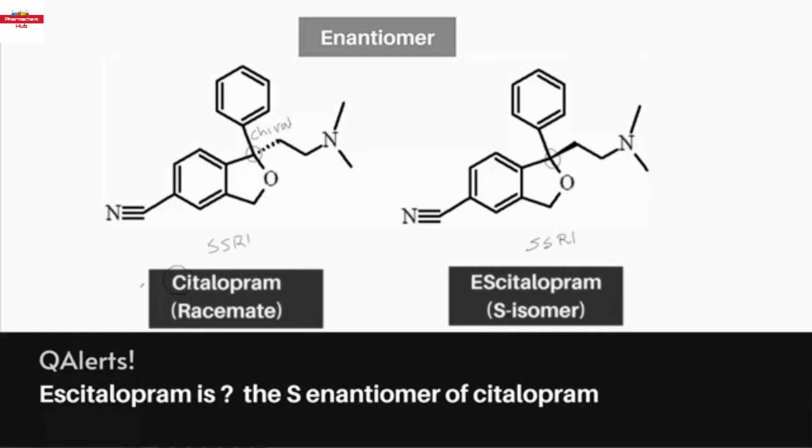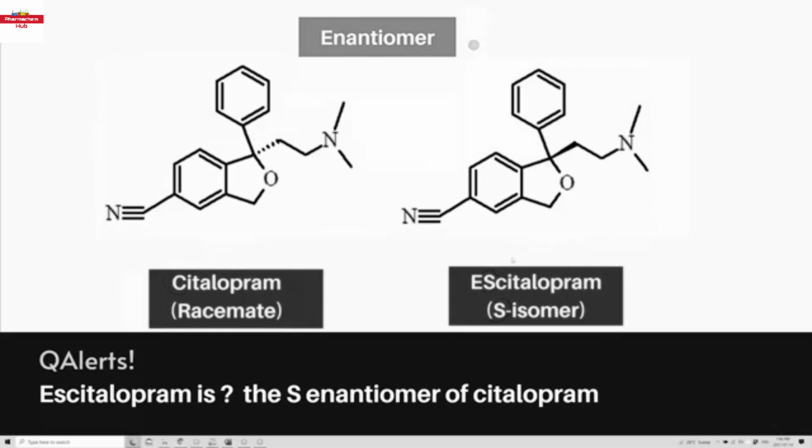That is called racemic, meaning it has both R and S present in the mixture. Citalopram is a racemate, whereas S-citalopram, as the name tells, is the pure S isomer of this mixture. As a result you have two very popular drugs.